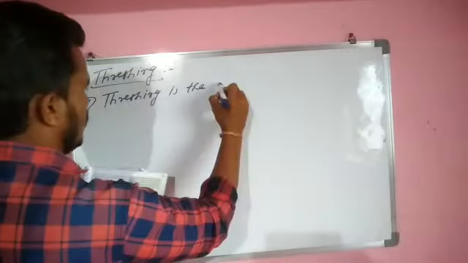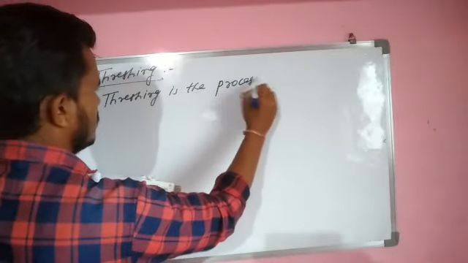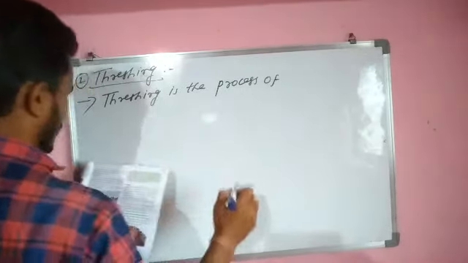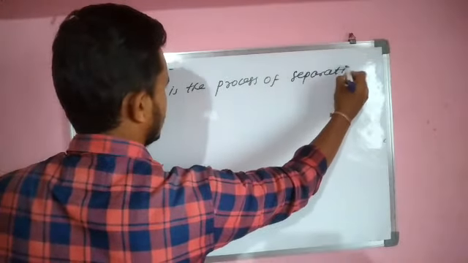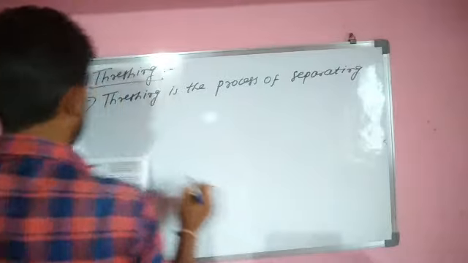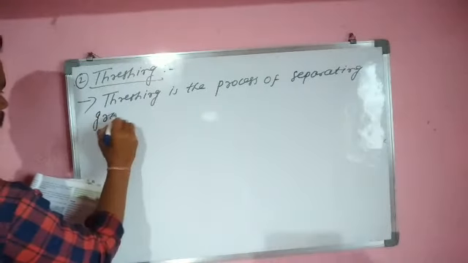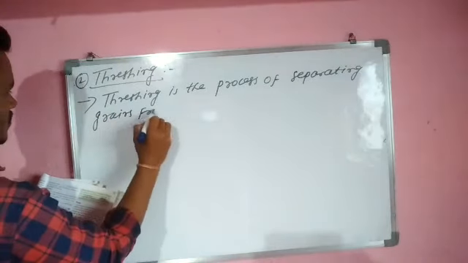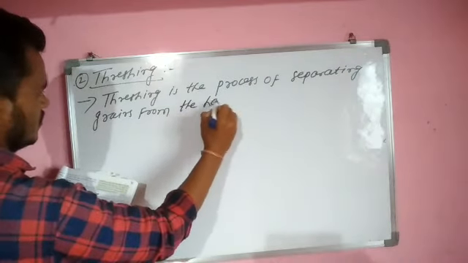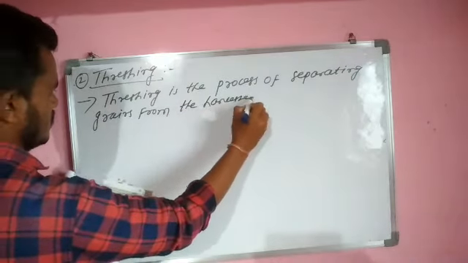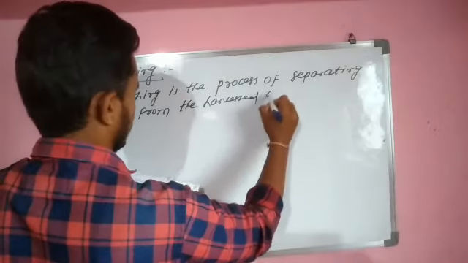Threshing is the process of separating grains from the harvested crops.